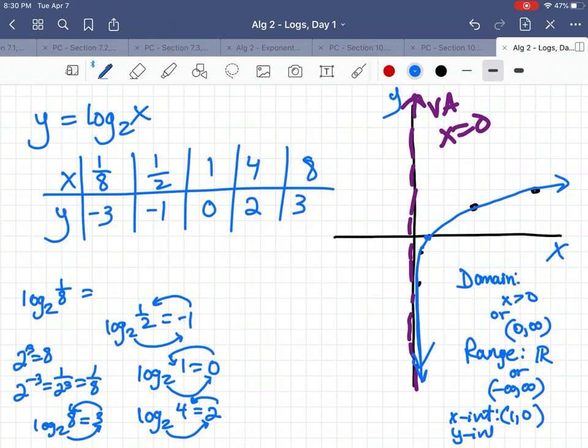My y-intercept, on the other hand, it doesn't touch the y-axis. That's the asymptote, so there is no y-intercept. What about increasing or decreasing? Well, if I follow this function from when it starts on the left, the furthest left point is here, and then it rises on up. So I would say that this graph is increasing.